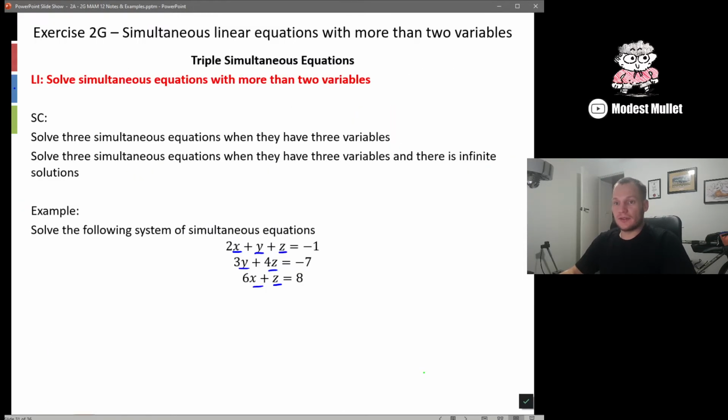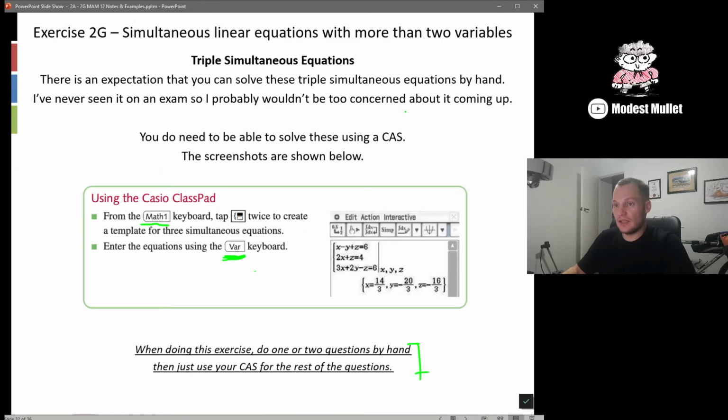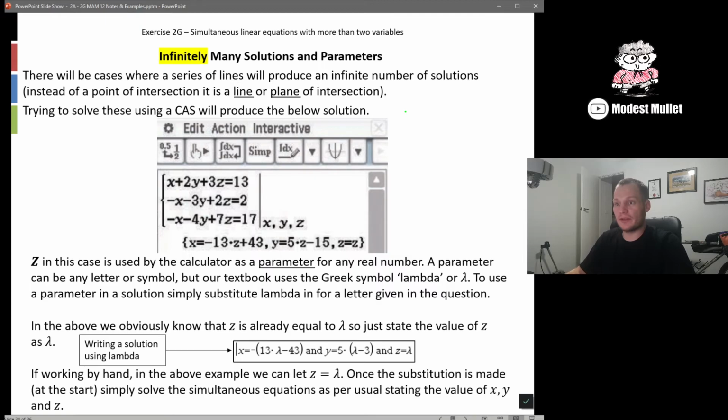Right, so that's our first success criteria. This one, tick. Our second success criteria is when we have infinitely many solutions. Now, this occurs when no matter what you try, you can't eliminate that third variable, and it ends up just sticking around as a placeholder and acts just like what happened in the previous exercise, where we have infinitely many solutions.